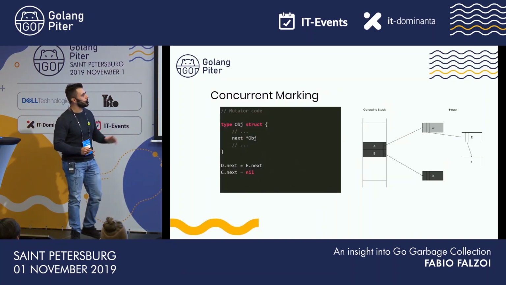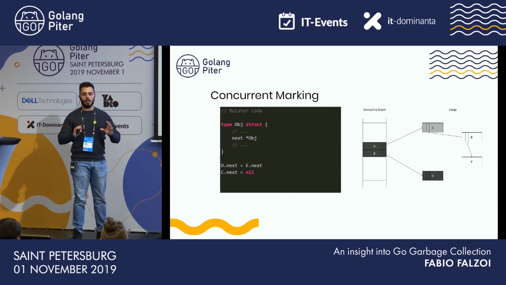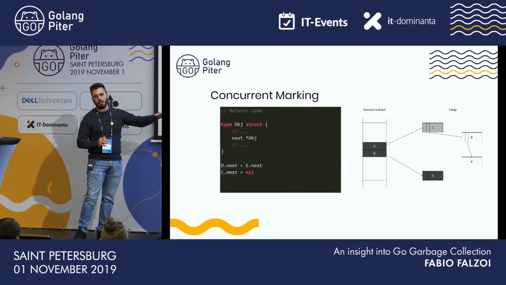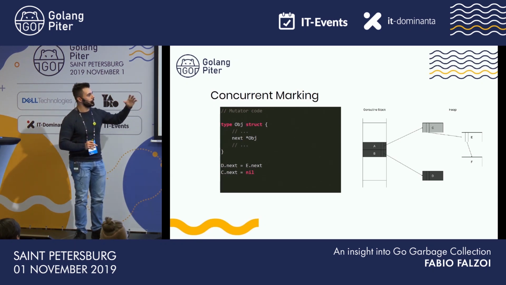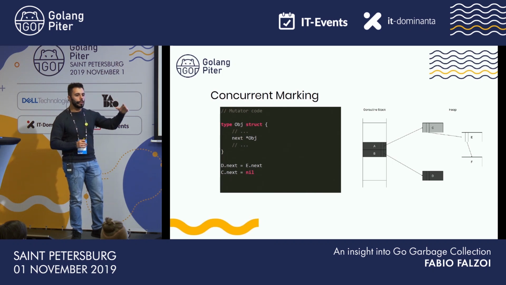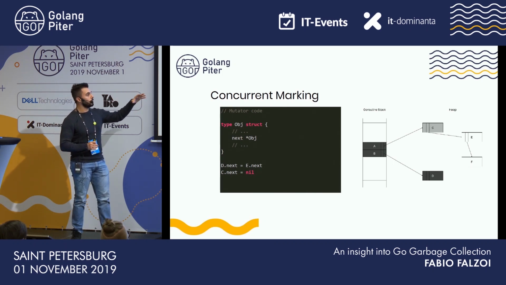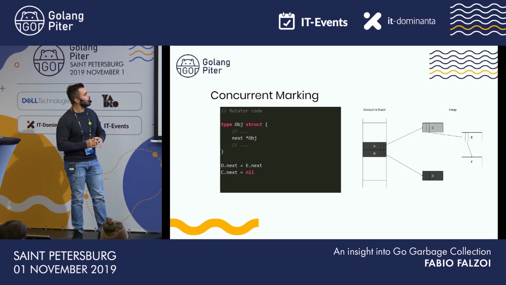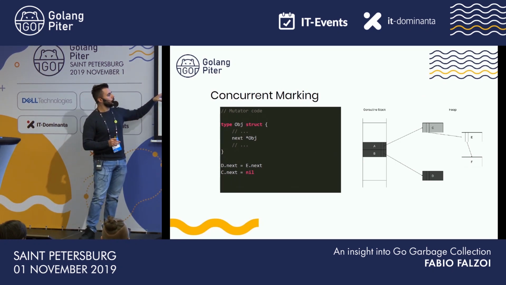But regarding the marking phase, things are a little bit complicated. Let's see an example. Suppose that at a certain moment of time, your application has this memory graph. Clearly, it is overly simplified, but it's just an example. Your garbage collector is marking the objects, and it has arrived at the point you can see over there. Now suppose that we are trying to concurrently execute this code here.